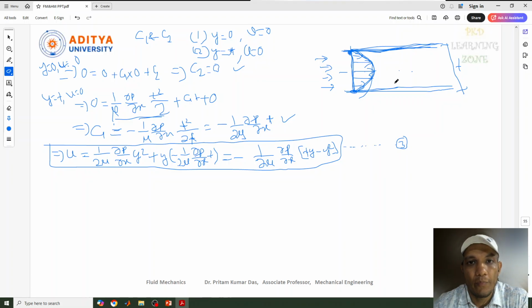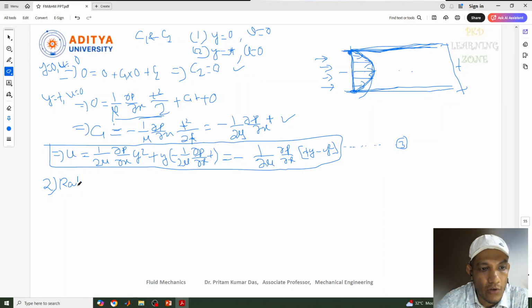Okay, as I told you previously, what we discussed for the circular pipe, the same thing we are going to discuss here also. So the second part is the ratio of maximum velocity to average velocity.